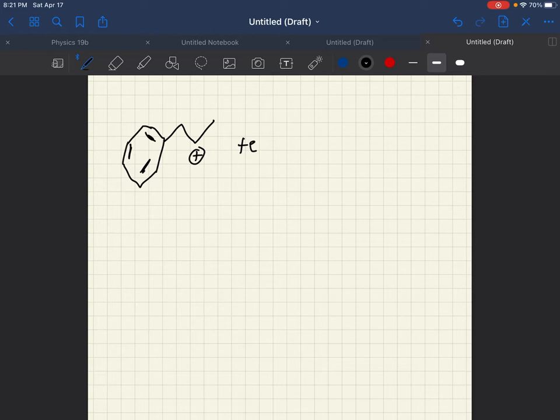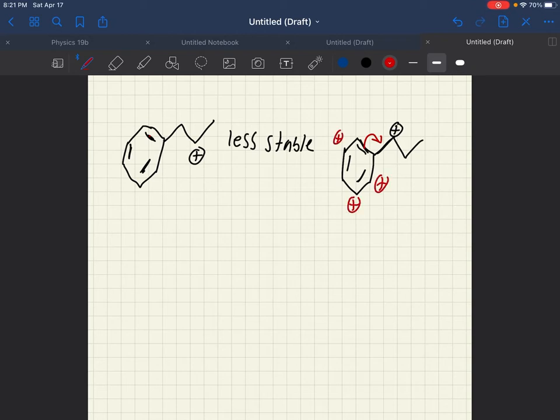Oh my bad. This is less stable than a compound that looks like this. And that's due to resonance being able to occur right here, which could then transfer this positive charge all throughout this benzylic compound. And that can't happen here.